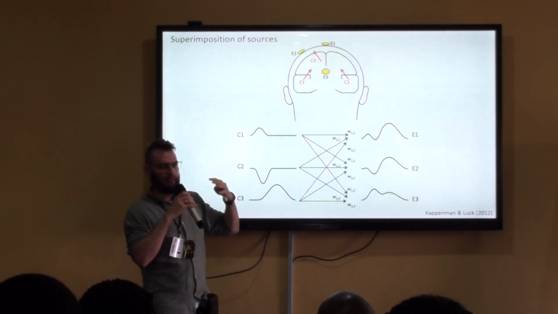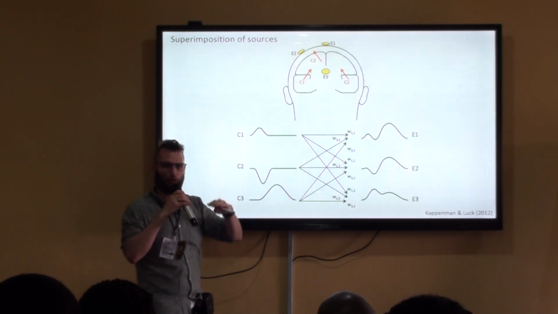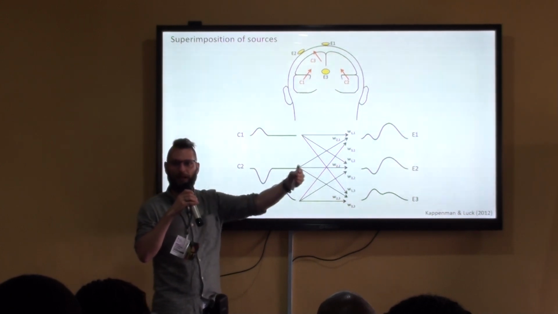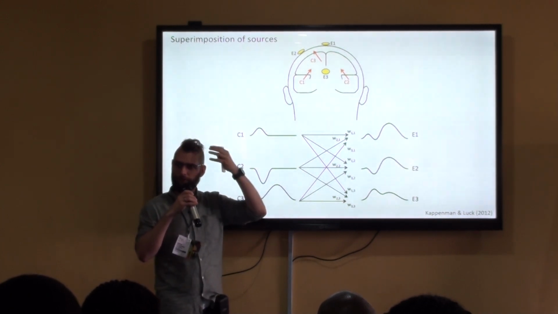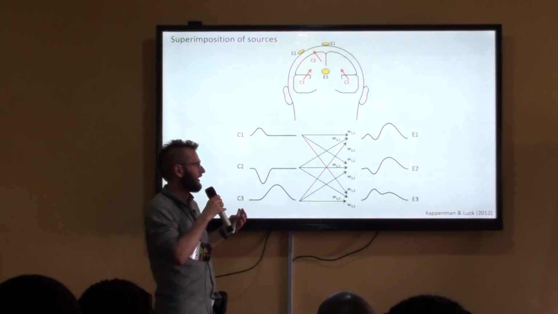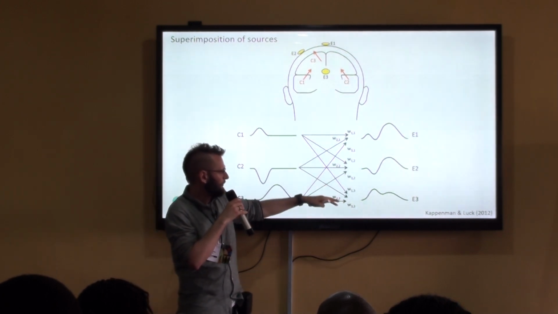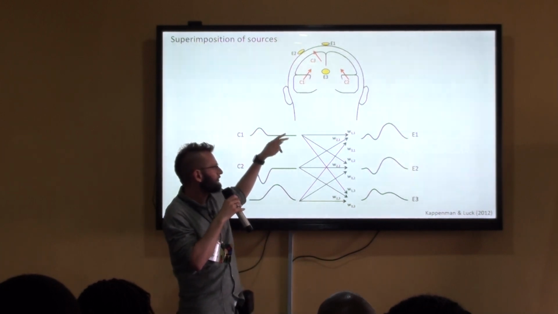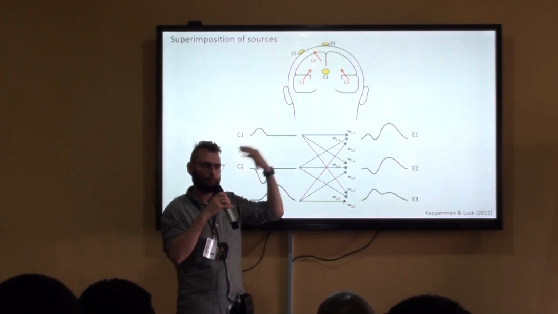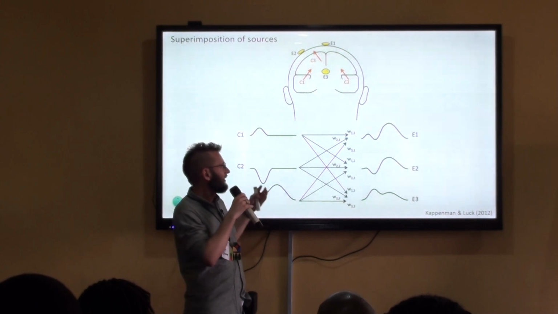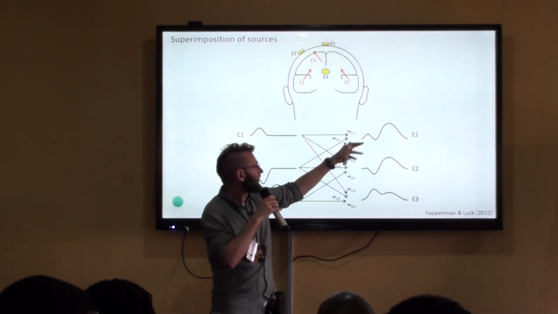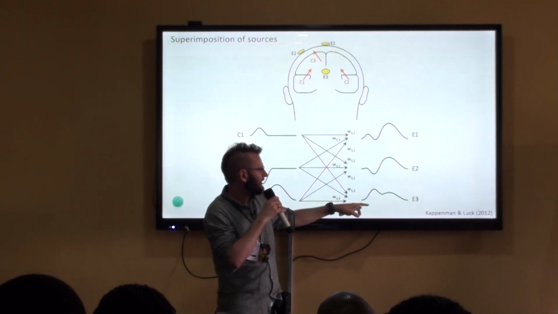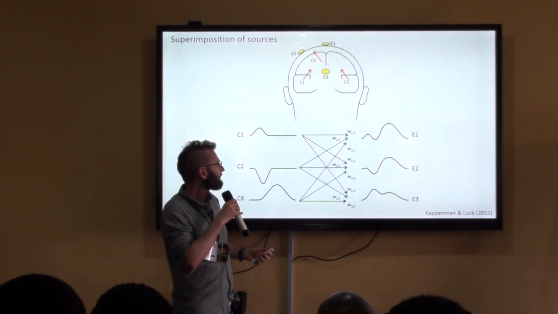One that is further away would have a slightly lower weight because there's some decay of the electric field and it has to pass through more matter before it reaches the electrode site, but it would still reach it to some extent. So what we measure is just the summation, each of them multiplied by the forward weight and then summed together. So when we measure at different sites, we would see these different signals.